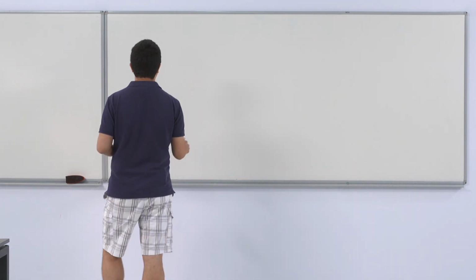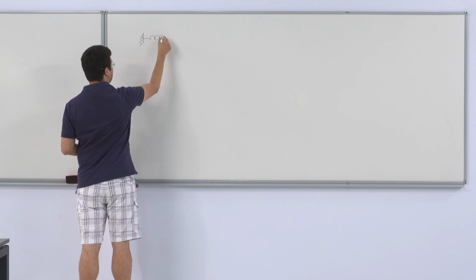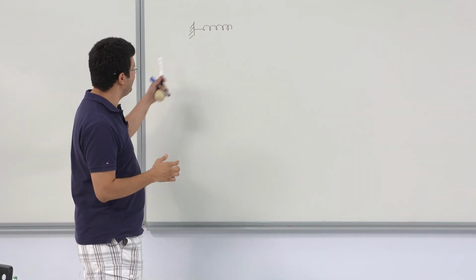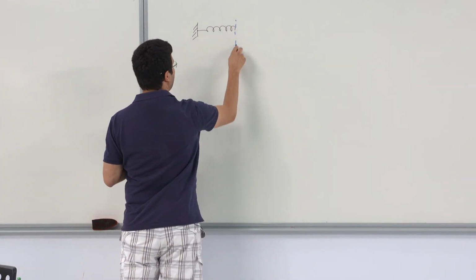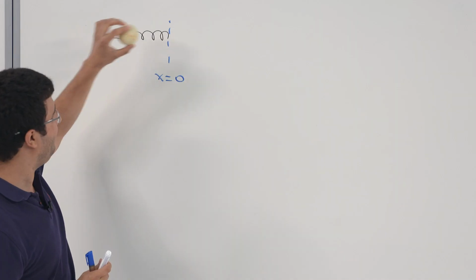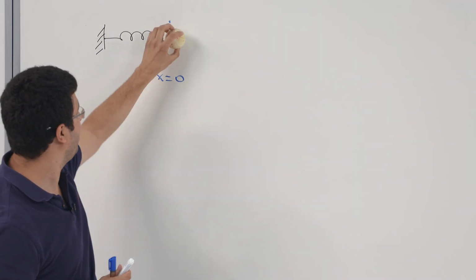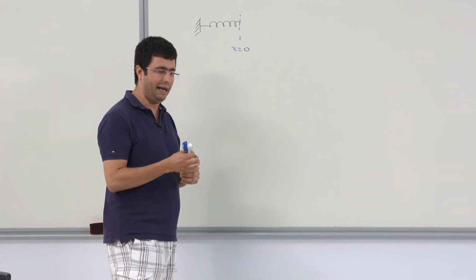So for that, I will take a spring and a mass system. So I have a spring, and there's a mass attached to it. I'm going to attach the mass in a second. So this is the relaxed length of my spring. So I will call this x equal to 0. So if I attach a mass at the end of the spring, and if I stretch it or if I squeeze it, the spring applies a force on the mass.